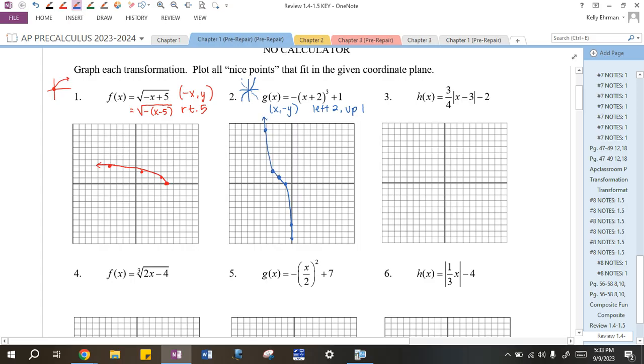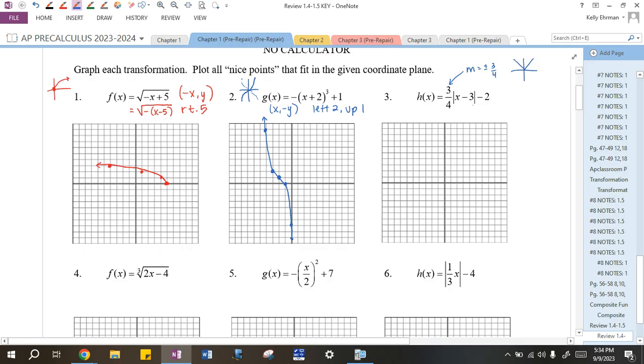I usually only take the time to write out points if I have a stretch or a dilation. Technically, there is a vertical dilation for h of x here, but this is an absolute value function. So remember, you should just be thinking about slope being plus or minus 3/4, and the fact that this absolute value function should open up because this is positive.